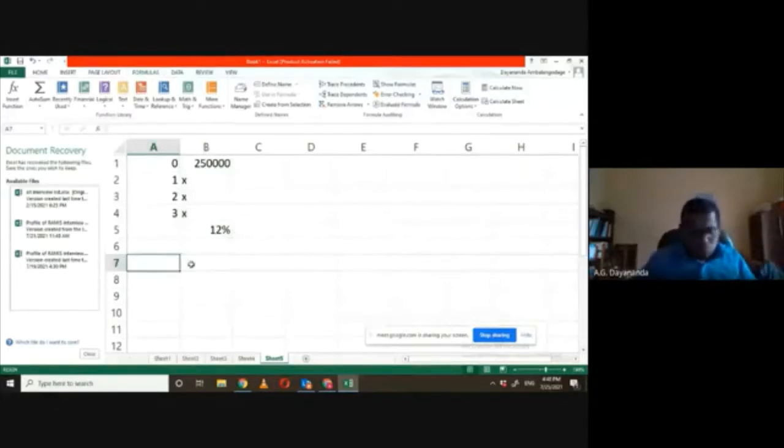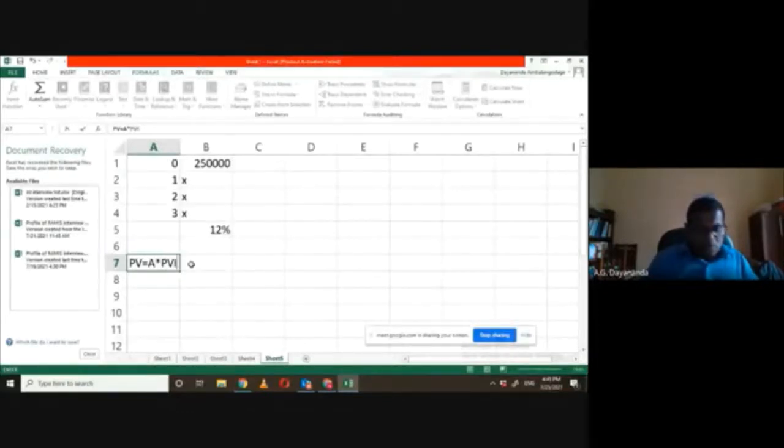Present value equals A multiplied by the present value interest factor annuity for 12%. Why 12%? Because we are talking about 12% per annum and 3 years.